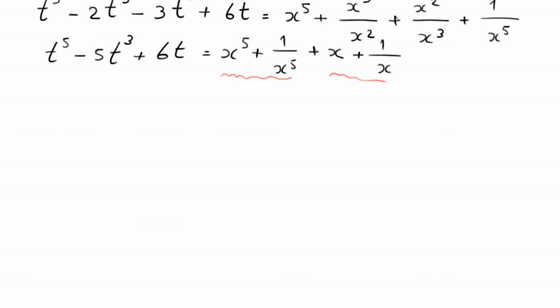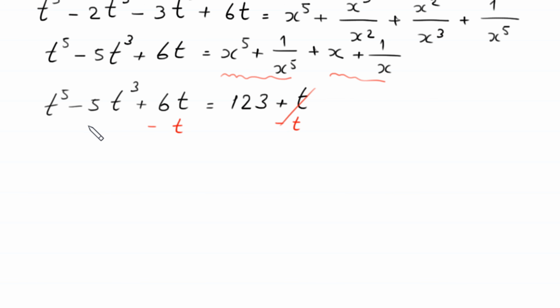So this equation will become t to the power 5 minus 5 times t cubed plus 6 times t is equal to 123 plus t, and we subtract t from both sides, so this gets cancelled, and this will become t to the power 5 minus 5t cubed plus 5 times t. Move this 123 to the left hand side, this will become negative 123 is equal to 0.